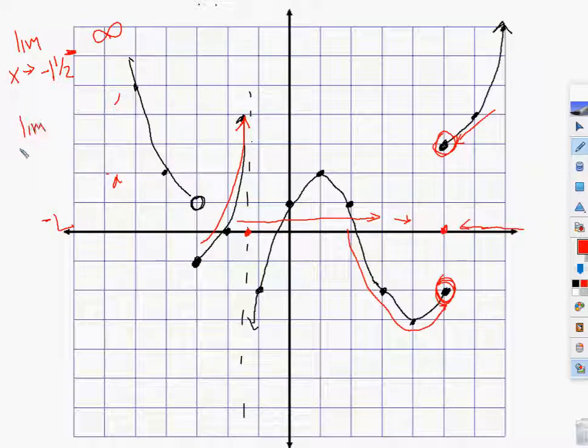If I go here, same number, but from the positive side, my function is decreasing as x approaches -1.5. And it appears to approach negative infinity.